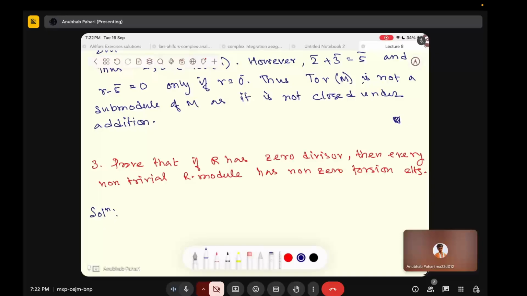Okay, so let us start with the solution. Suppose R has zero divisors and let M be a left R module.